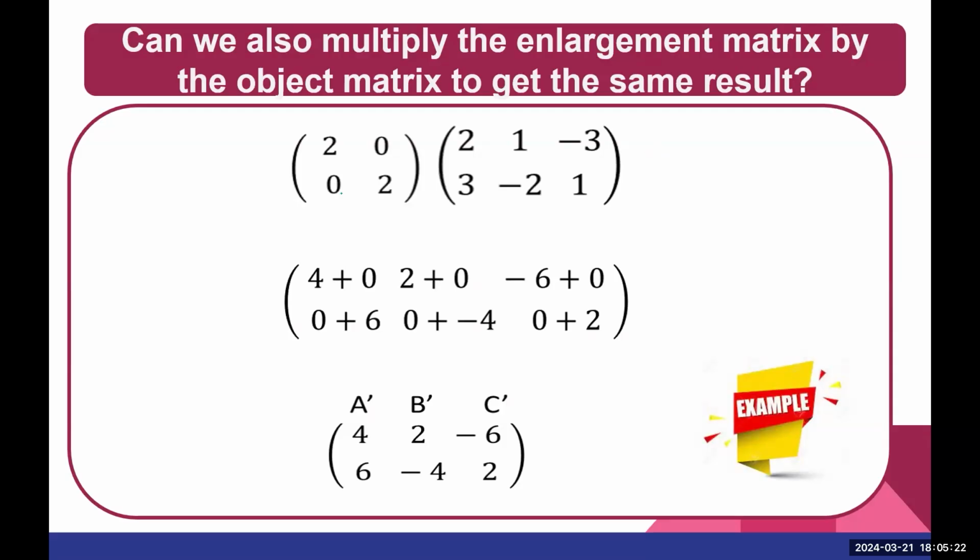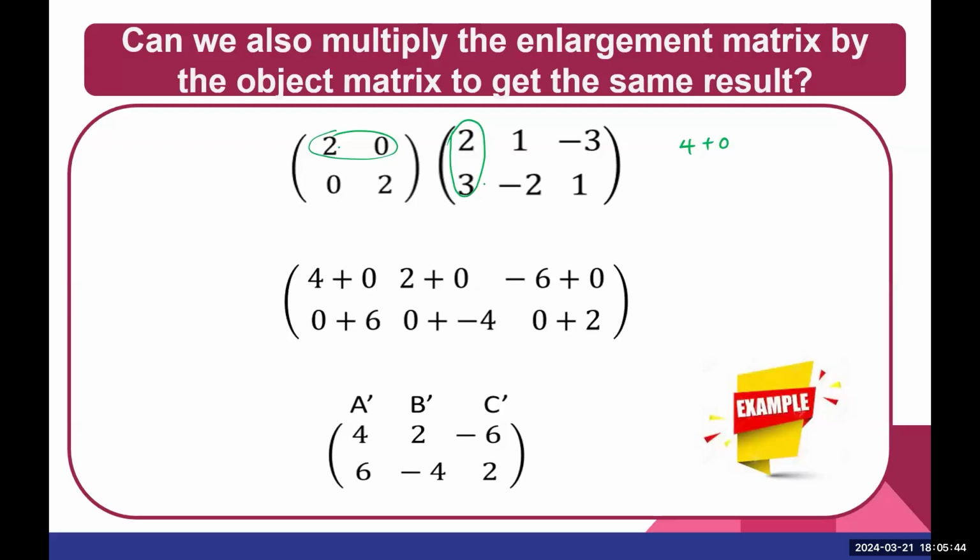When we're multiplying, we multiply a row by a column. So this first row will be used to multiply this first column. So we would say 2 times 2, which would give us 4, plus 0 times 3, which would give us 0. So that's how they got it.